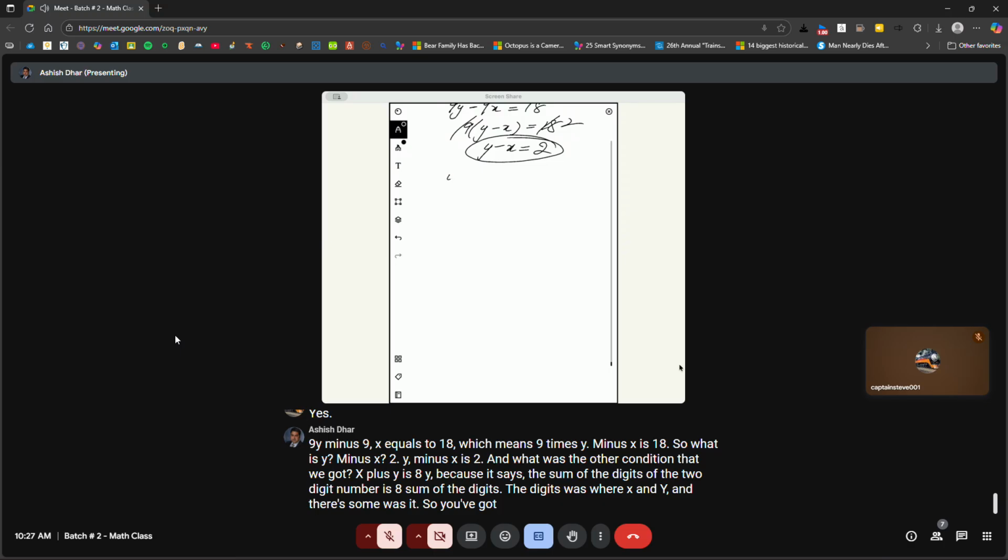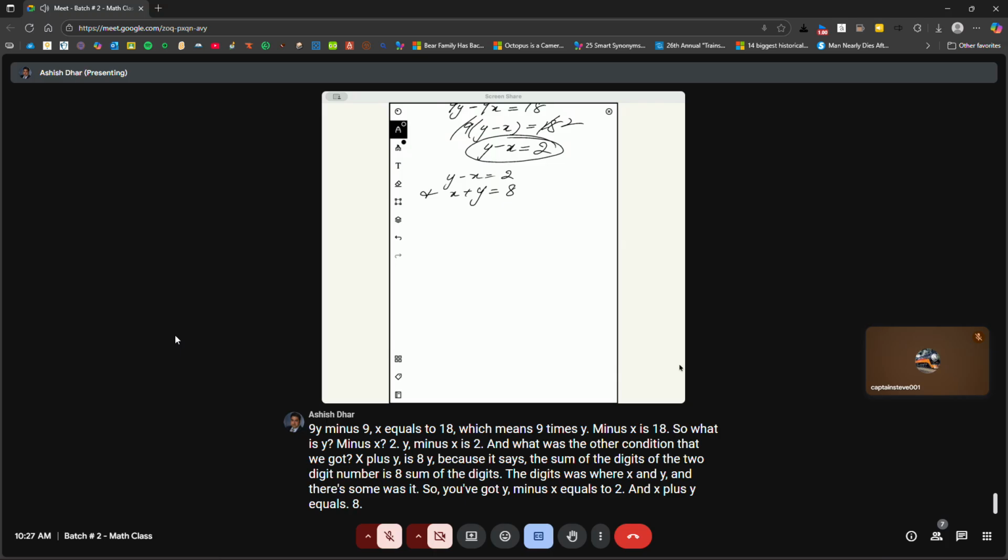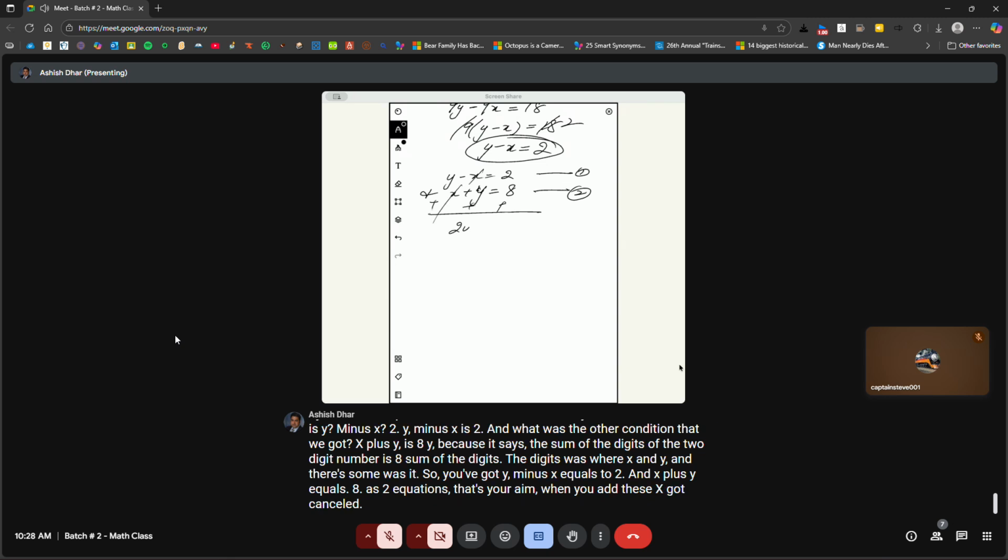So you got y minus x equals 2 and x plus y equals 8 as two equations. That's your aim. When you add these, x got cancelled, 2y equals 10, y equals 5. If y equals 5, x equals 3.